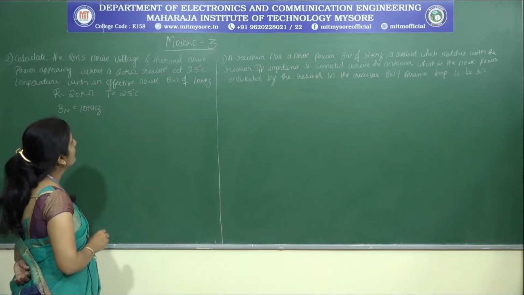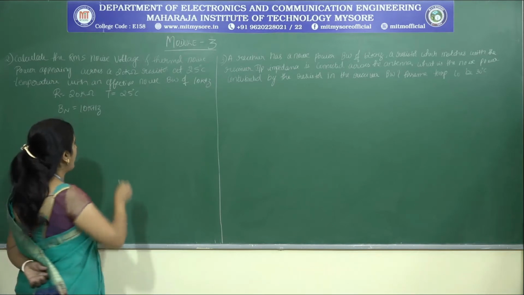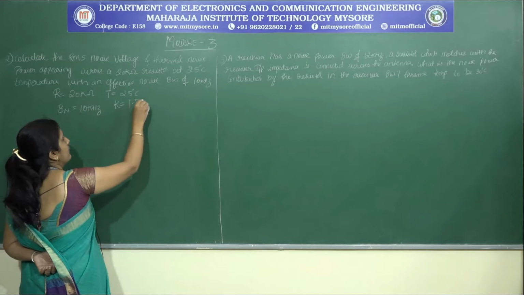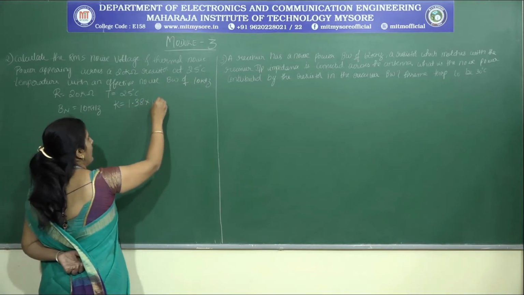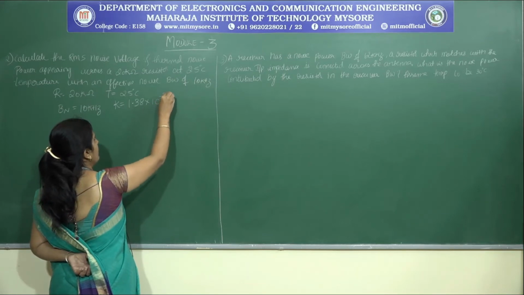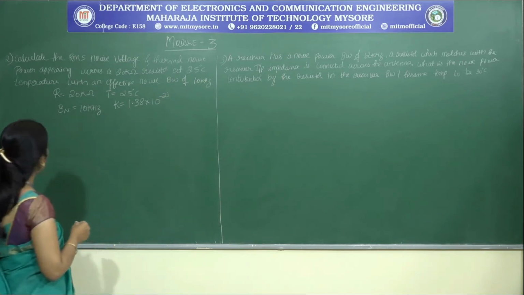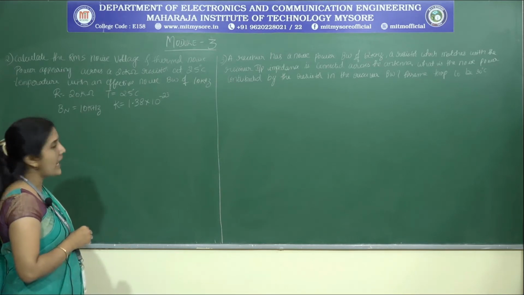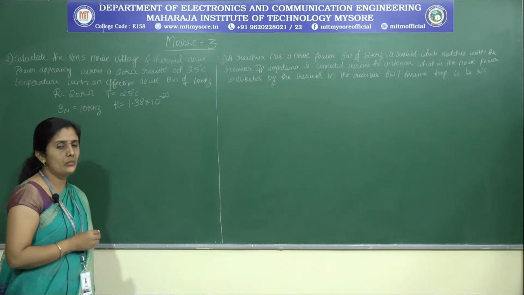In order to solve this, we require the Boltzmann constant K, which is 1.38 into 10 power minus 23. By keeping this, we have to find out the RMS noise voltage and the thermal noise.